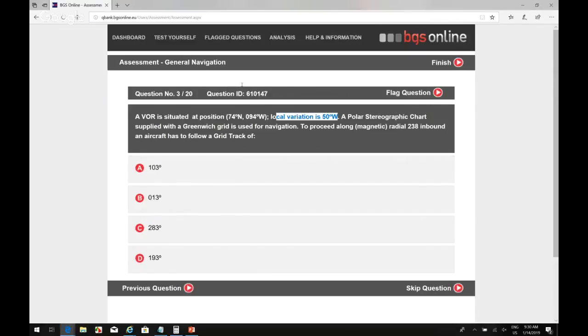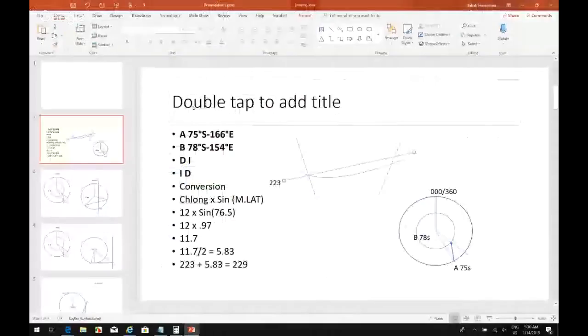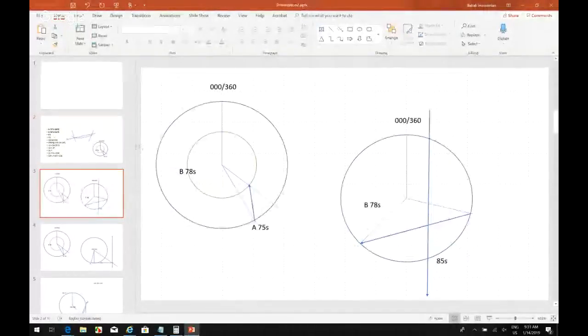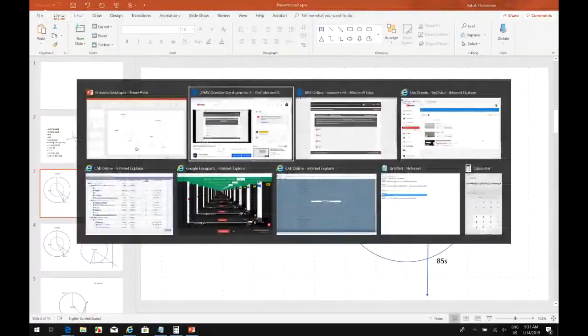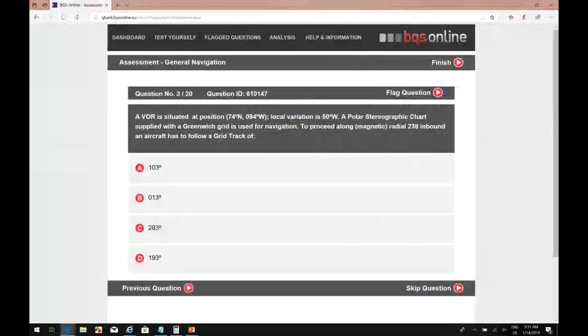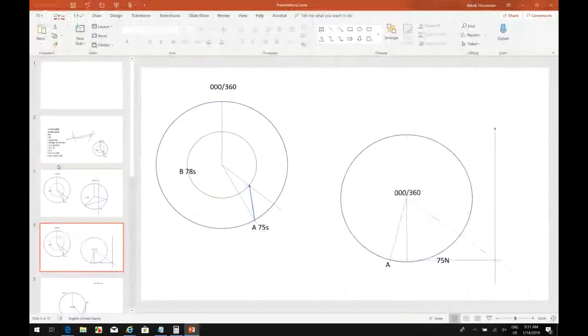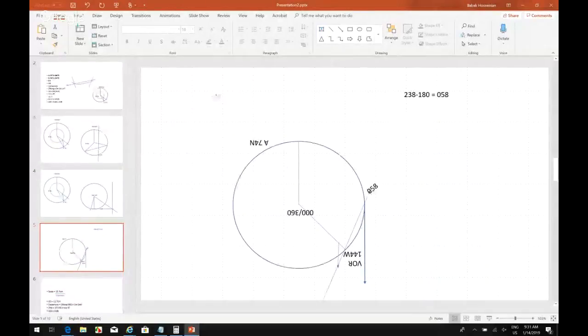Proceed, and then we want to do the, what's the question? 74 north, 94 west.